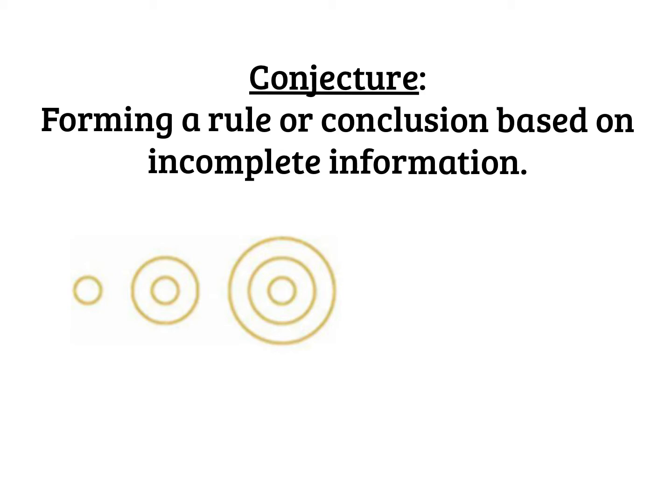So let's talk about what that is, a conjecture. A conjecture is when you form a rule or a conclusion based on incomplete information. So a really, really good assumption, hypothesis, right? You're trying to form a theory of something that you believe to be true based on what you have. So here, if I wanted to draw the next image, I notice that here we have 1 circle, and then we draw a circle on the outside.